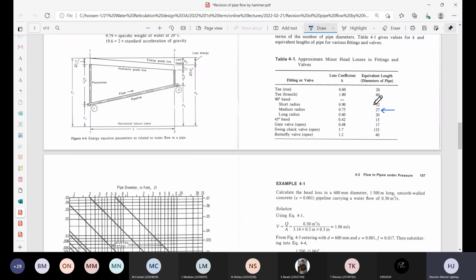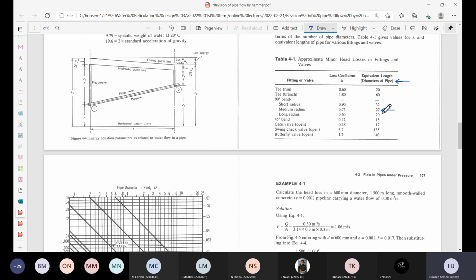We're talking about the equivalent length of the pipe. Now what you need to take note of, in this table, the unit of measurement is actually the diameter of the pipe. So it says the equivalent length. When it says 27, it doesn't mean 27 meters. It means 27 times the diameter of the pipe.